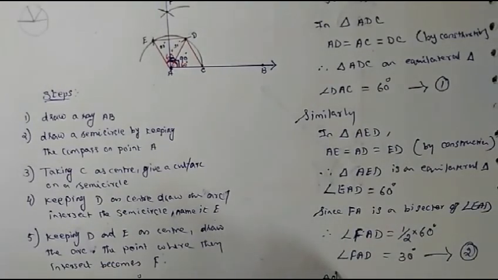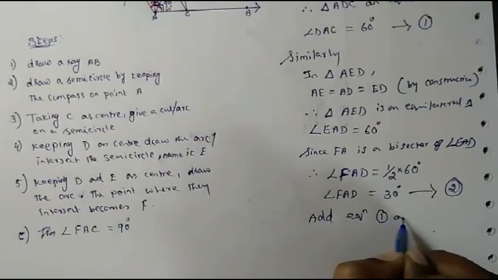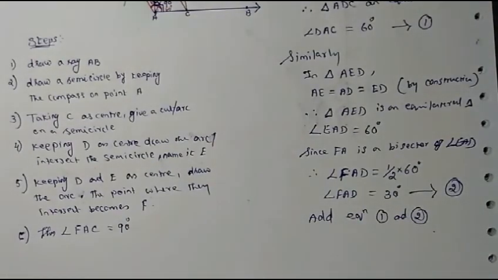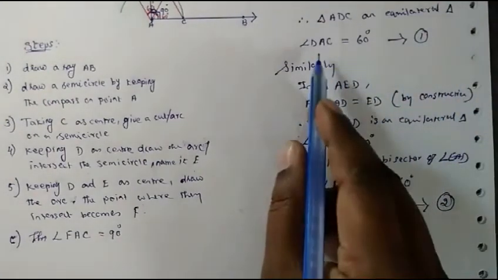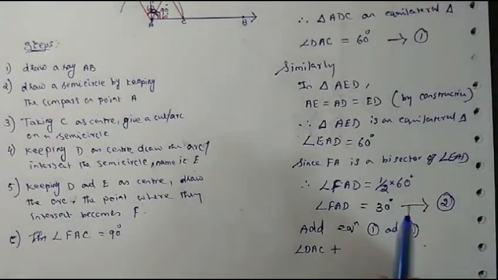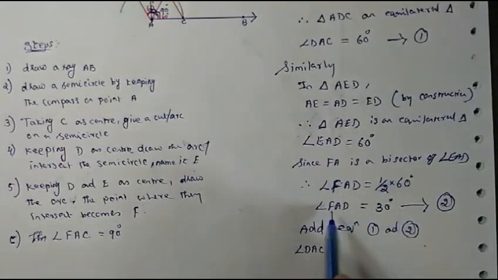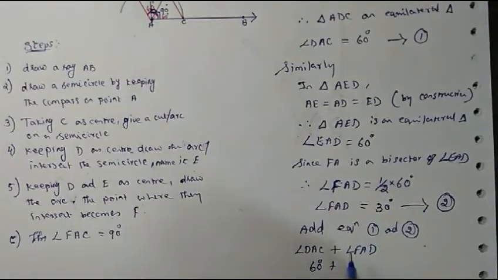So now add equation 1 and 2. One is angle DAC plus angle FAD. We have to add. So DAC is 60. FAD is how much? FAD is 30.